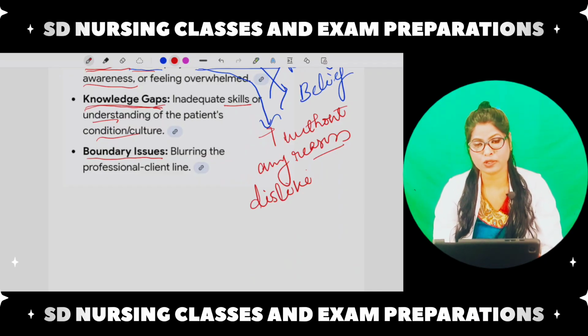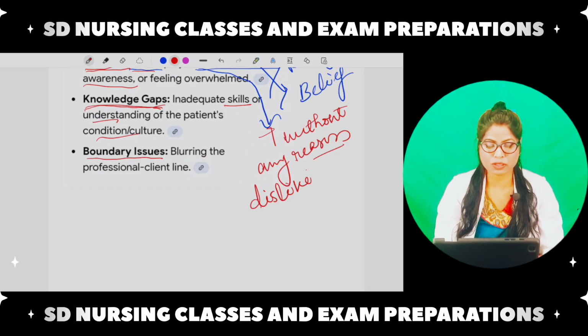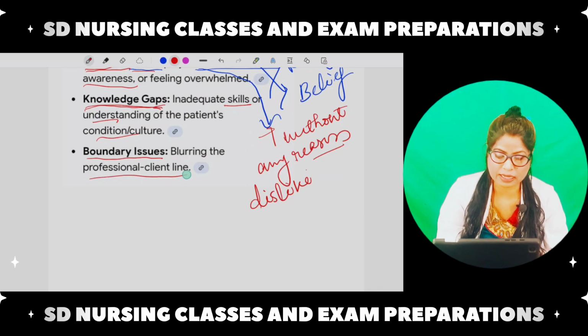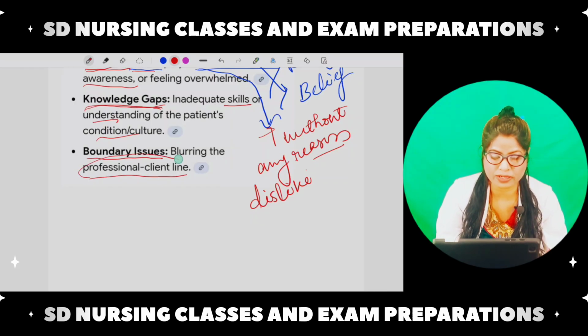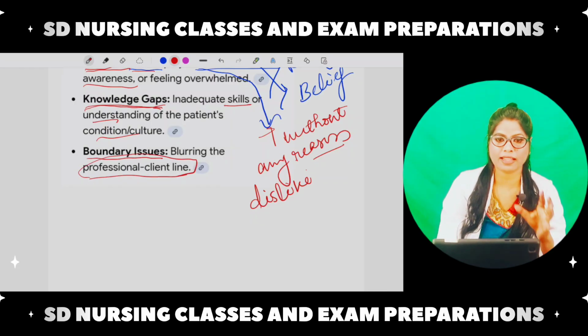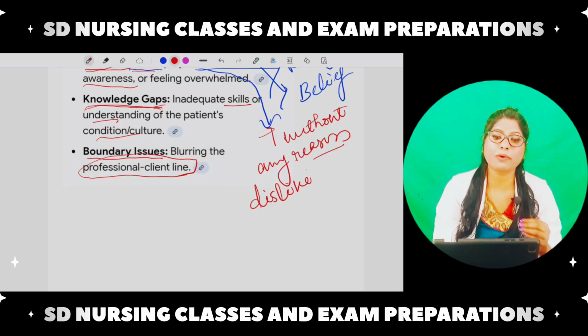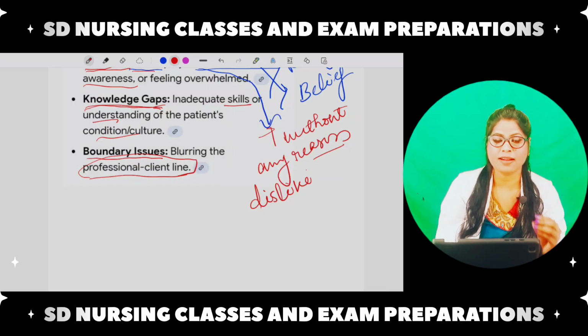There are boundary issues. Boundary issues means what? This is a professional relationship, a professional client line, a therapeutic relationship between the nurse and the client.